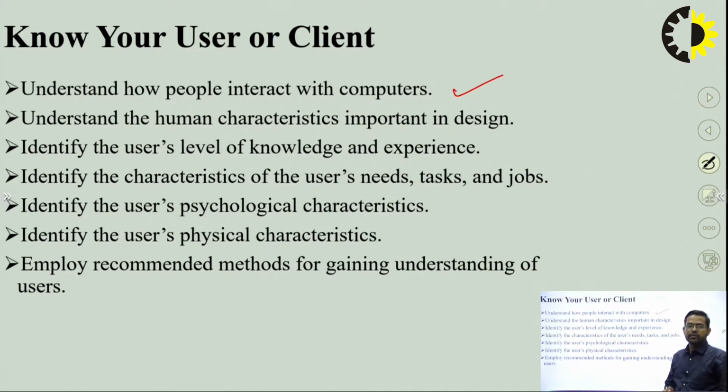Third is identifying the user's knowledge and experience, what kind of knowledge and experience they have regarding previous interfaces, and identifying the characteristics of the user's needs, tasks, and job. Identify the user's psychological and physical characteristics, and employ recommended methods for gaining understanding of the user. These are some points about knowing the client.